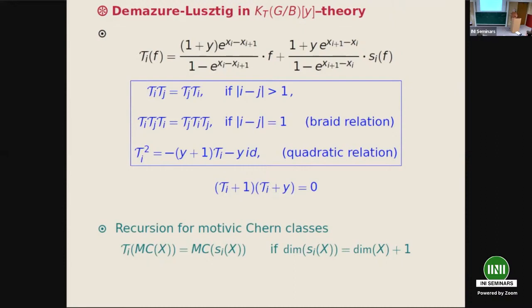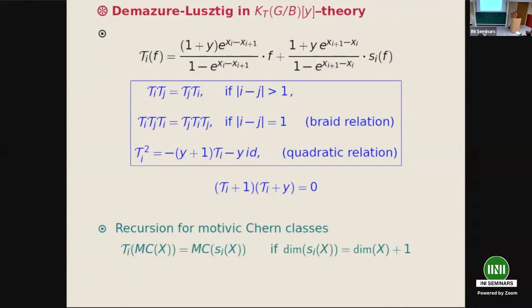And we had such an operator, and Lusztig showed that this operator acts on the cohomology, the K-theory, also equivariant K-theory of G over B. Here G is GLN, because you have this braid relation corresponding to a simply laced group. You have the quadratic relation, which can be written that way. And it turns out that this operator acting on the functions also preserves this relation.